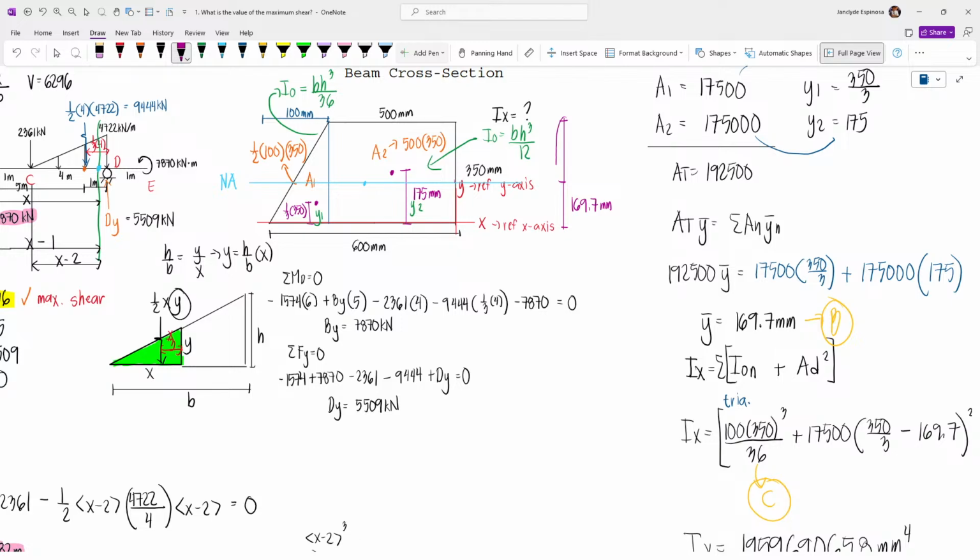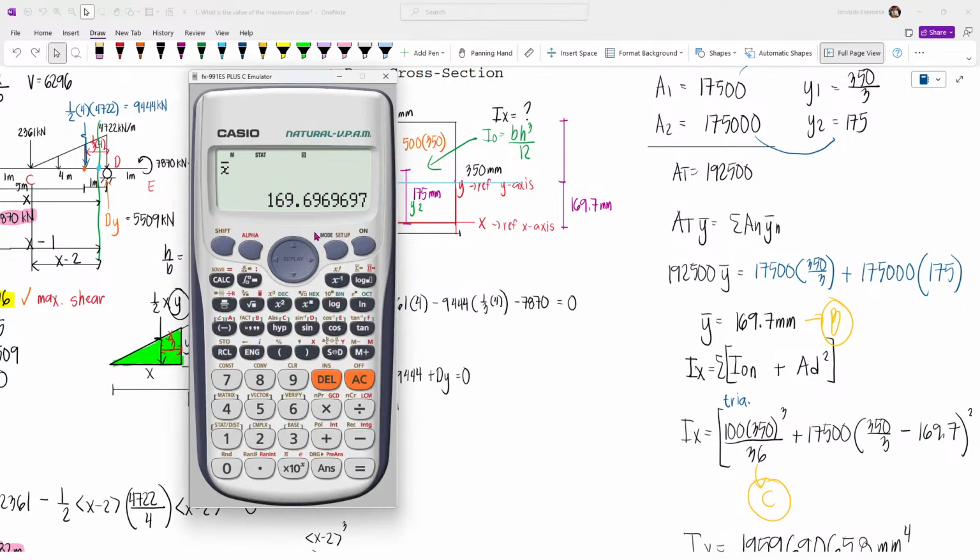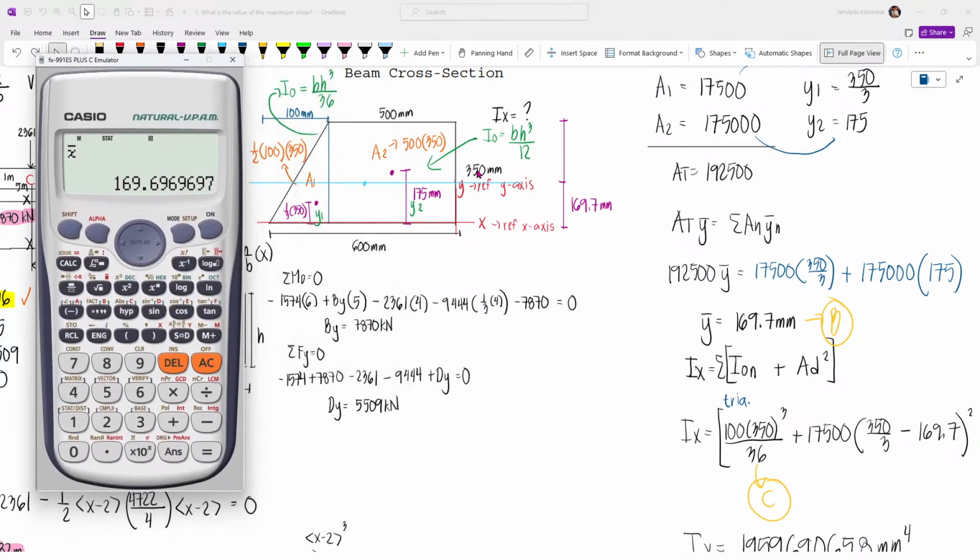So, para makuha ni nga distance, di ba atong buhaton 350 minus this value. So, 350 minus 169.7, atong makuha, 180.3.